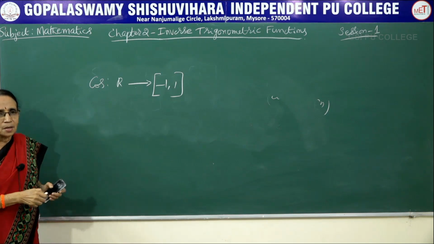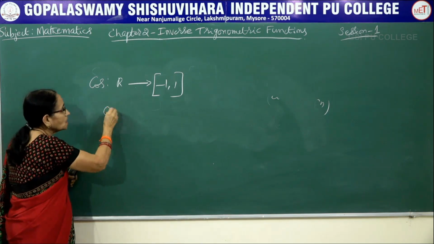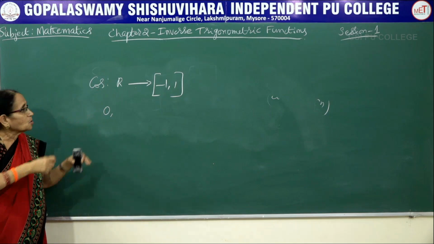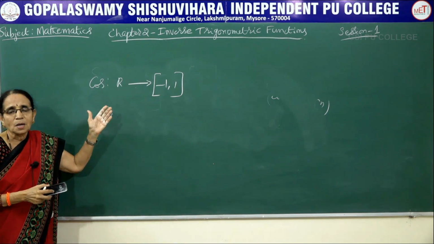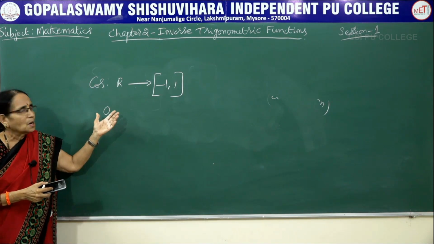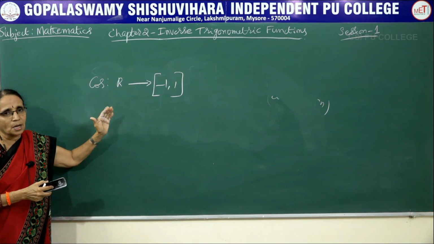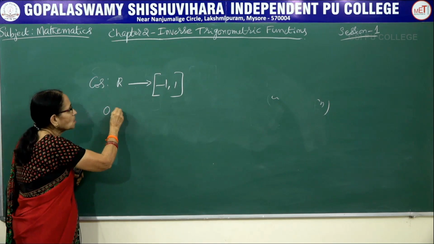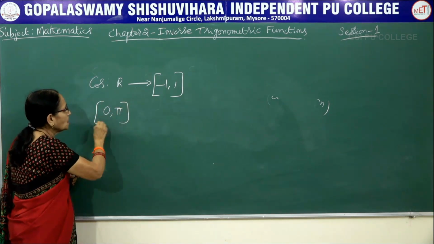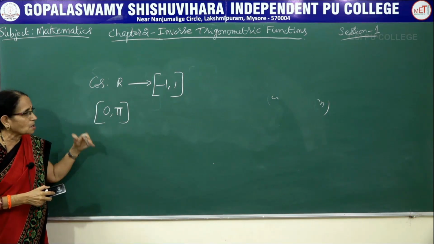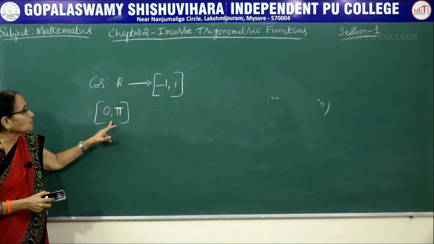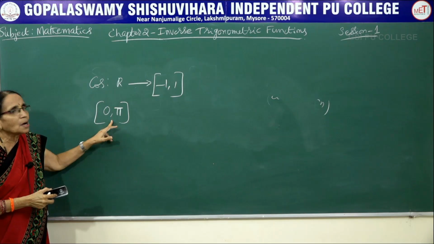If you take the whole of the domain, that is the set of the real numbers, the cos function cannot be a one-one and onto function. Therefore, if you restrict the domain to a closed interval, for example, you take 0 to pi, both of them are included, it's a closed interval. In that case, now the function becomes both one-one and onto.